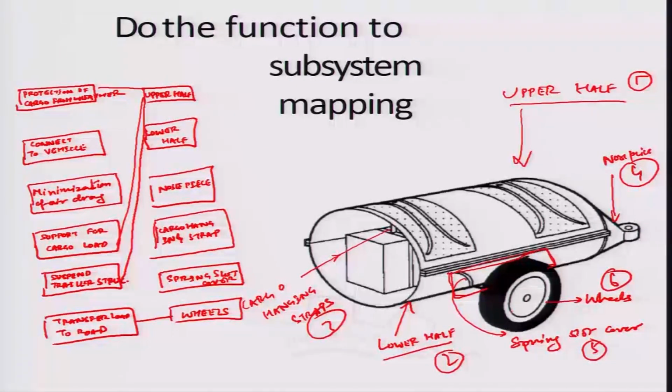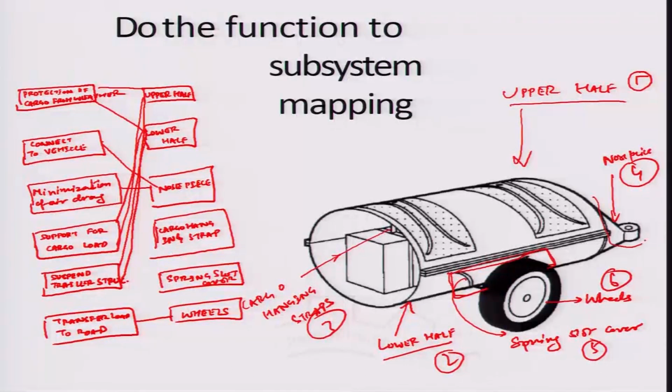Similarly, if I looked at the lower half, the lower half also performs all these three functions as has been illustrated. The lower half is used for supporting cargo load, suspending the trailer structure, as well as protection of the cargo from weather. If I looked at the nose piece here, it first connects to the puller vehicle, and then is also responsible for minimization of the air drag.